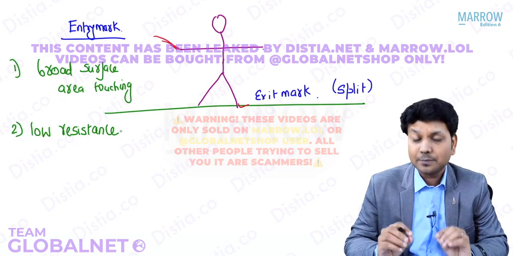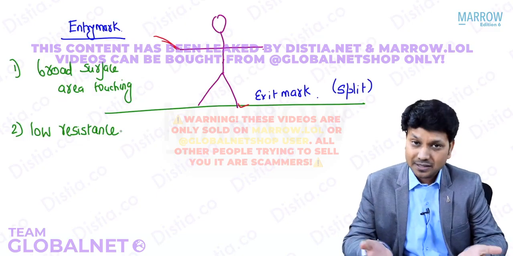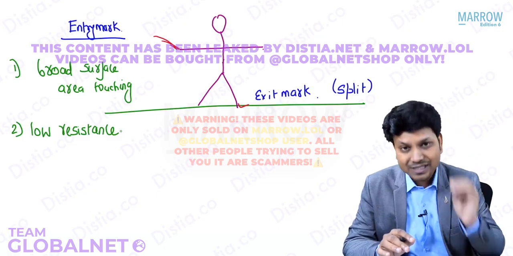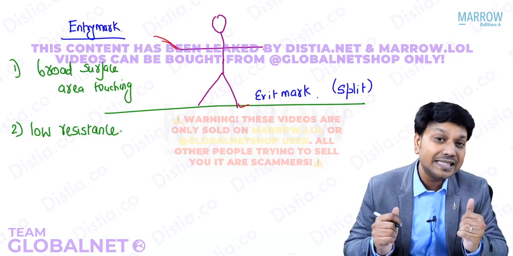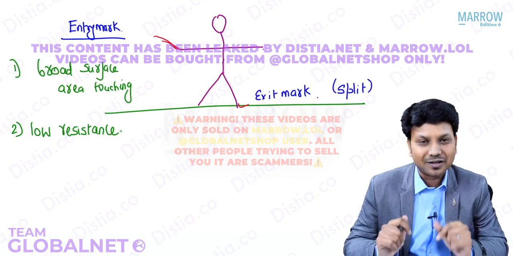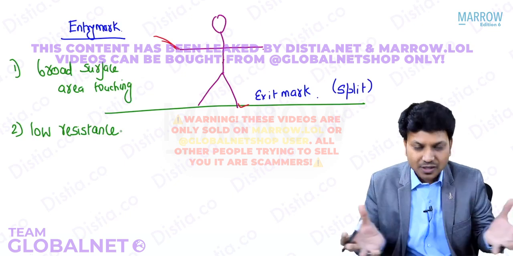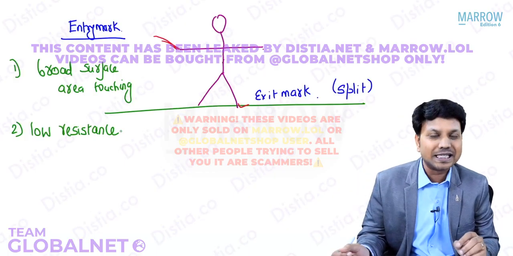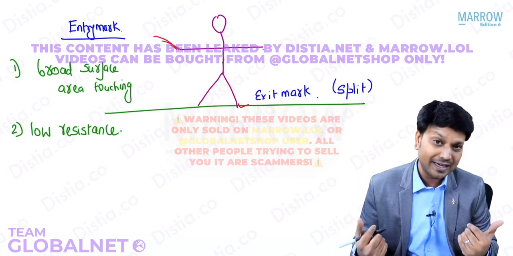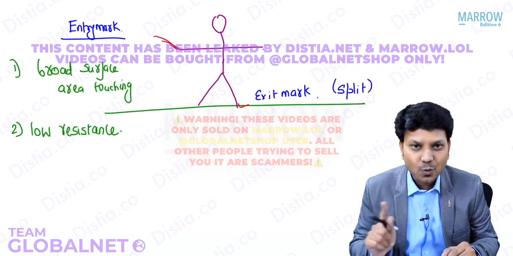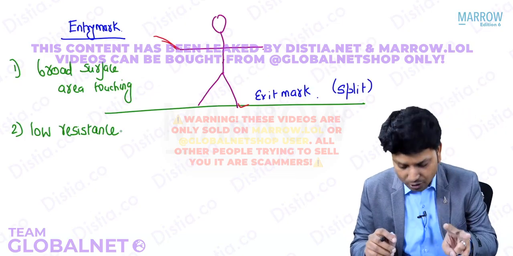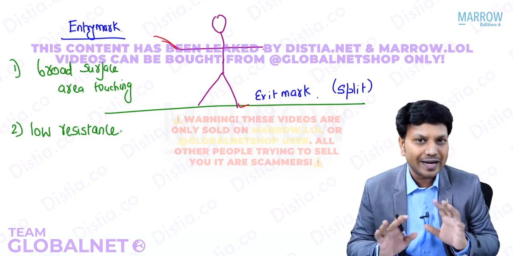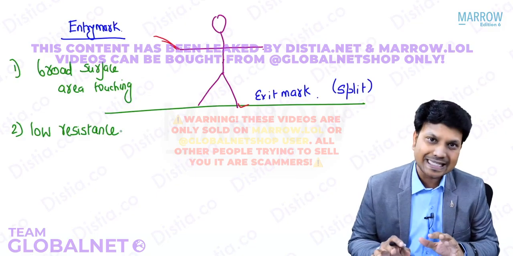Particularly when a person is taking a bath in a bathtub completely filled with water, if there is a chance of electrocution, the person can easily get electrocuted with no entry mark, because the surface area in contact with the water is so broad and there is no resistance at all. It will be fatal, with no electric mark at all. So do remember, there are two situations where there won't be any entry mark. Number one, if the surface area is very broad. Number two, if there is no resistance at all.